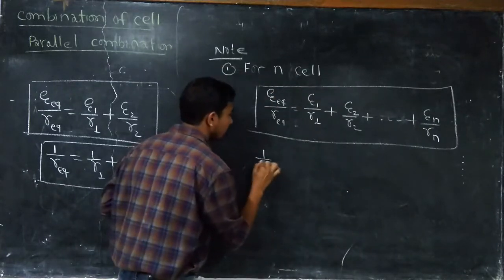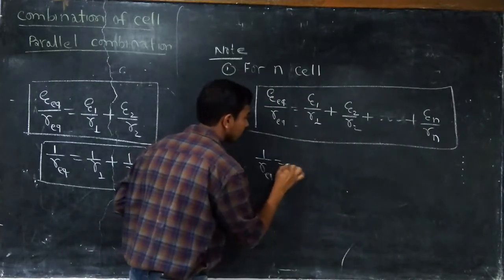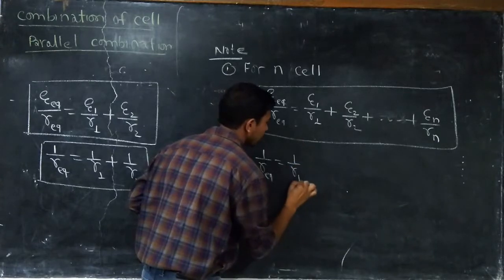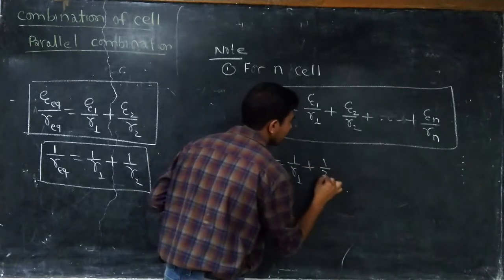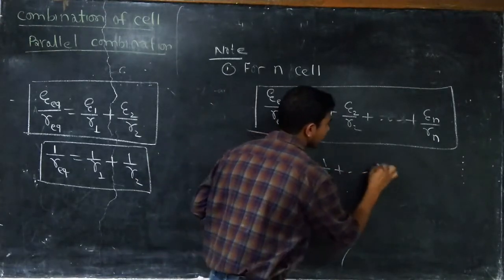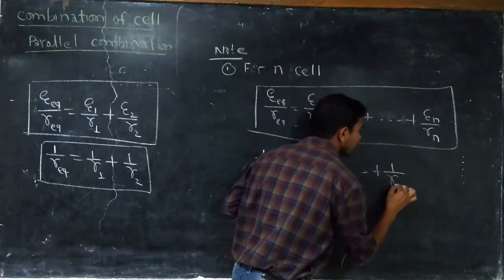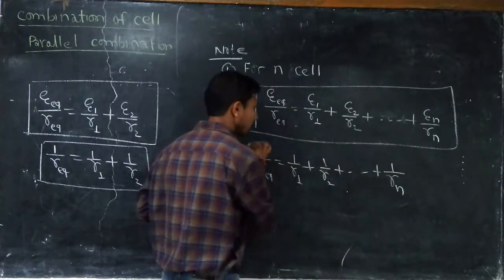And similarly we can write 1 by R equivalent is equal to 1 by R1 plus 1 by R2 plus 1 by Rn, right?